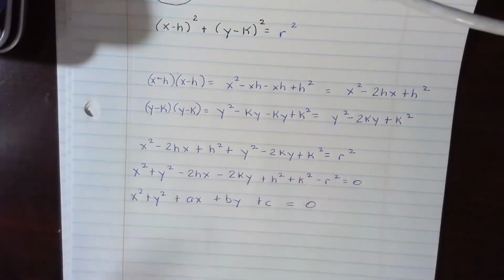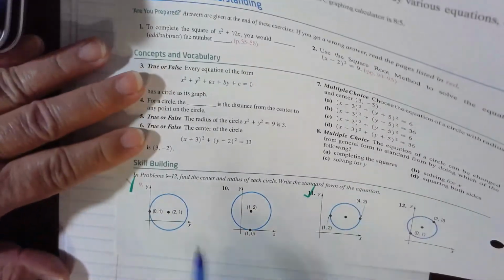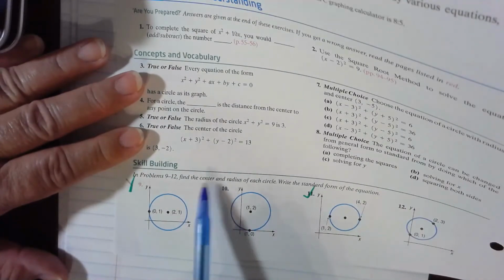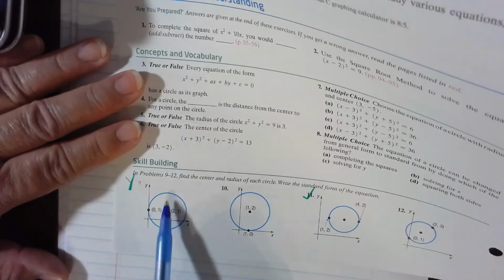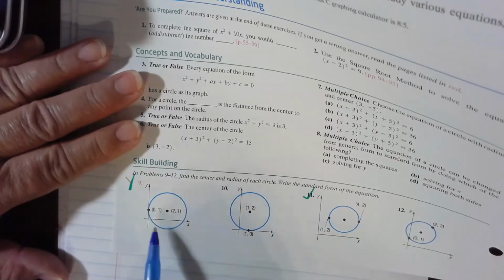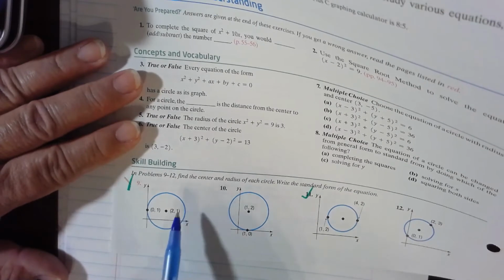Alright, so the first problem we're looking at is problem number 9, and it's asking us to find the center and the radius. Well, they don't have the grid drawn, but I see right here this point is (0, 1), and this point is (2, 1).